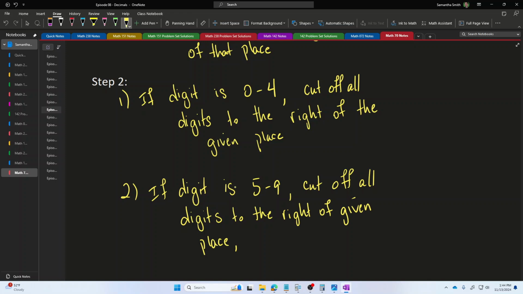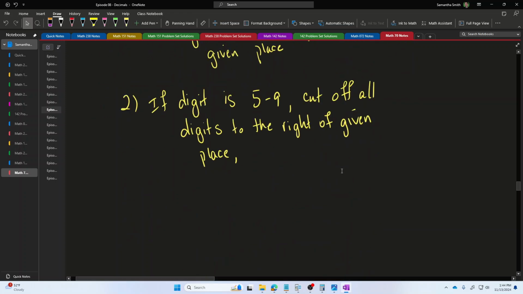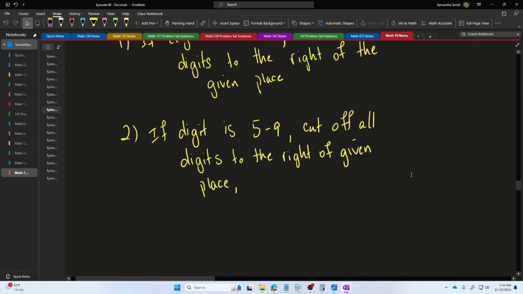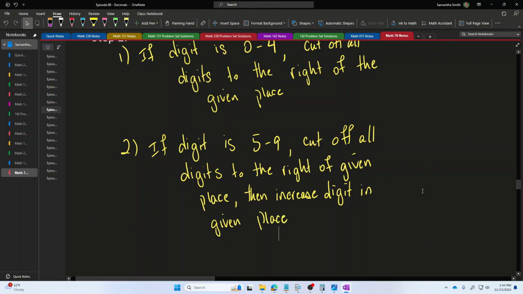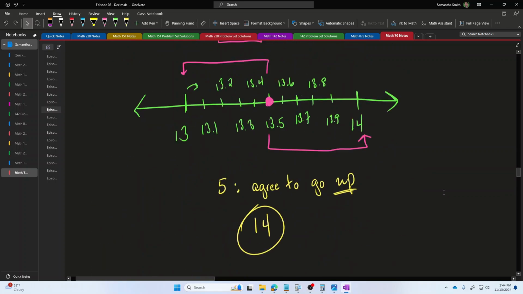But then you want to increase the digit in the given place by 1 unit. That's really abstract, so let me show you what I mean.